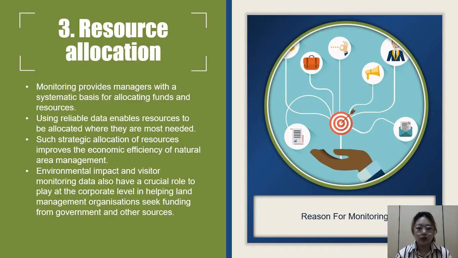So the third reason for monitoring is resource allocation, because the monitoring provides the managers with a systematic basis for allocating funds and resources. Using reliable data enables the resources to be allocated where they are most needed, for example to a site where damage to vegetation or overcrowding needs management attention rather than to a less affected site that a manager intuitively believes needs attention.